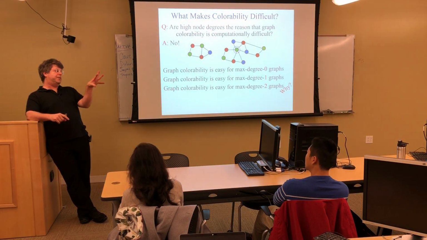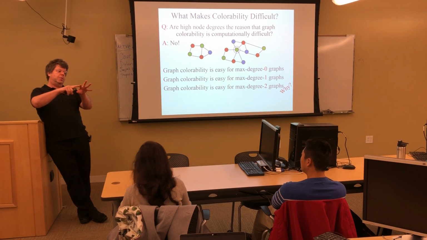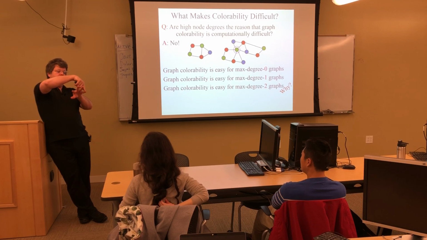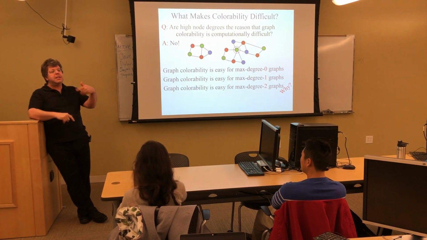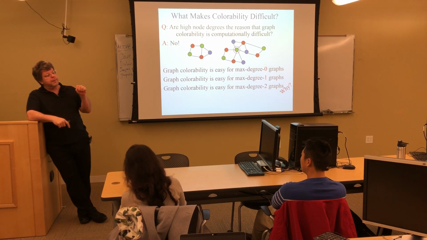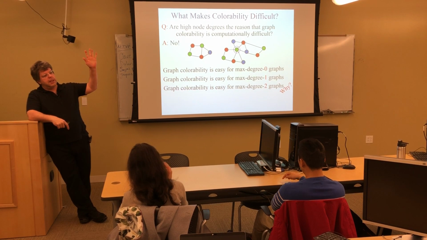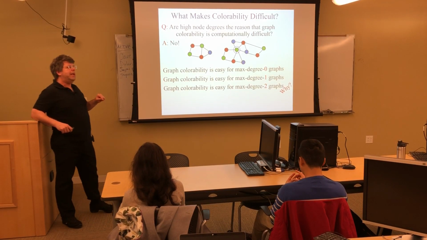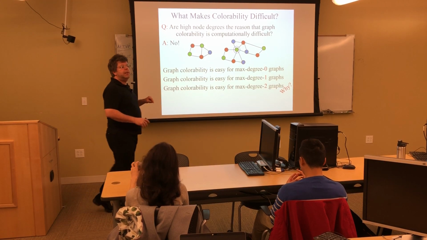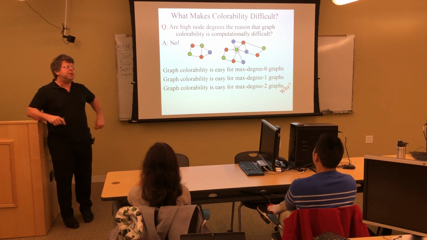Because if you have a cycle of size 5, same problem. Color 1, 2, 1, 2, 1. But there's a 1 next to a 1 now. Any odd cycle will foil 2 coloring, and a third color will be necessary when we try to close the loop. How many see that? So a max degree 2 graph is 2 colorable if and only if it has no odd cycles. That wasn't trivial, but if you think about it, that's pretty much it. That's the condition.